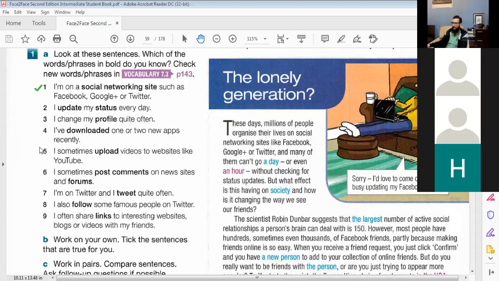Sometimes, yes, I post a comment to my friends. Number 6. But what does forums mean? Yes. A forum is like a website, but usually an open topic where you have random comments from all over the world about something specific.